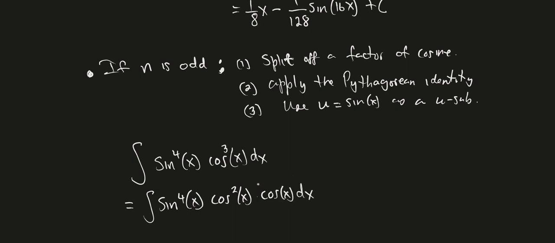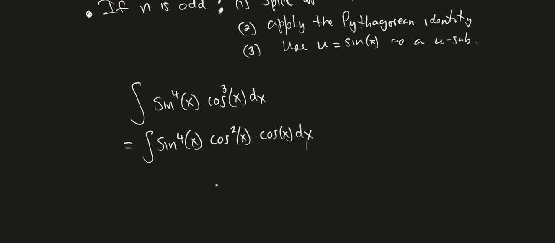And it turns out this right here is what we're going to need in order to do a u sub. But in order for the u sub to work, I have to have the remaining factors in terms of sine. So that's why I have to use the Pythagorean identity and write cosine squared as 1 minus sine squared, right?